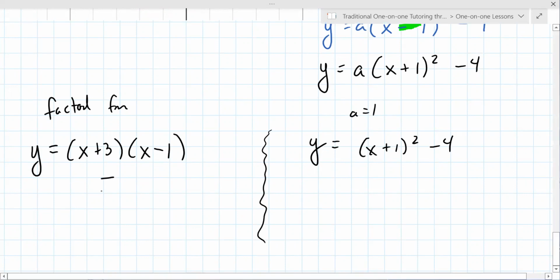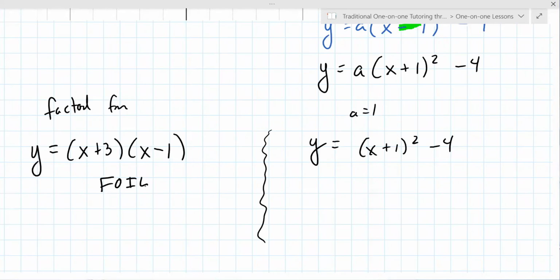So we're going to FOIL this first one. Do you want to try foiling that? Not yet. Okay, what does F stand for? I forgot. I remember you just told me. That's okay.